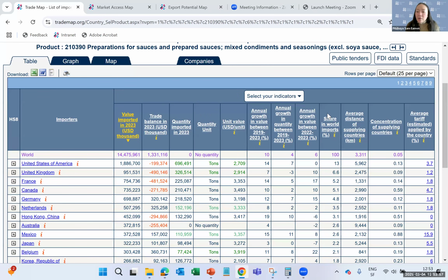We look at the annual growth in value over the last 2 years. Why do we do this? We compare this 2-year with 5 years to see whether or not the growth has been consistent. Okay? If it fluctuates a lot, like I see here with Hong Kong over 5 years, 19%, but over 2 years, a -6.